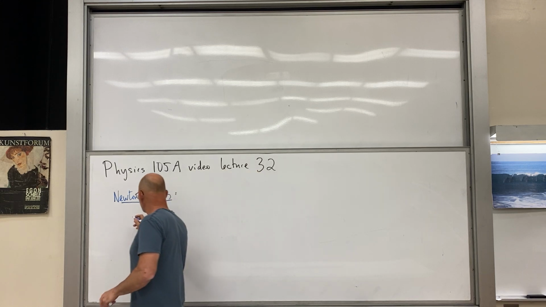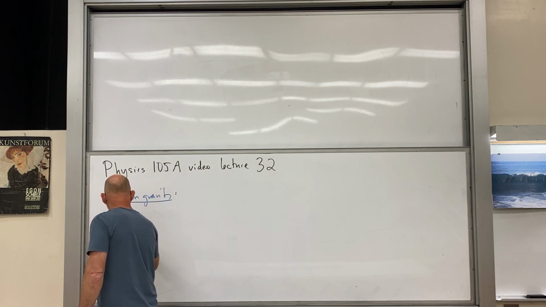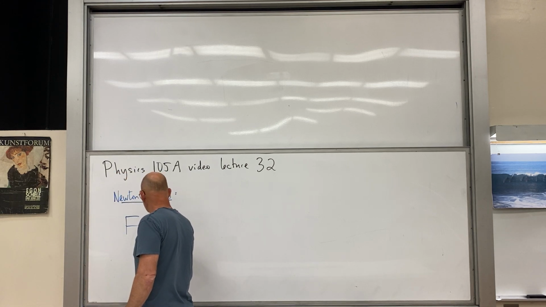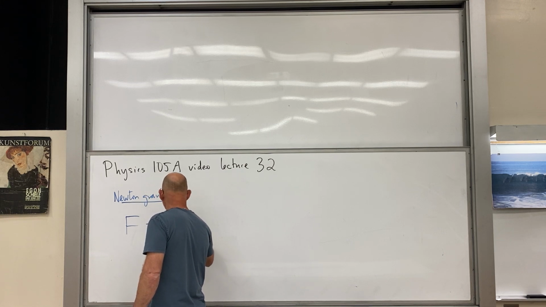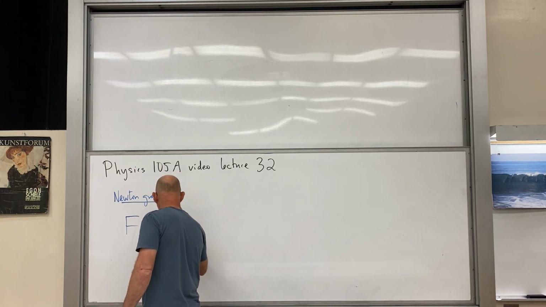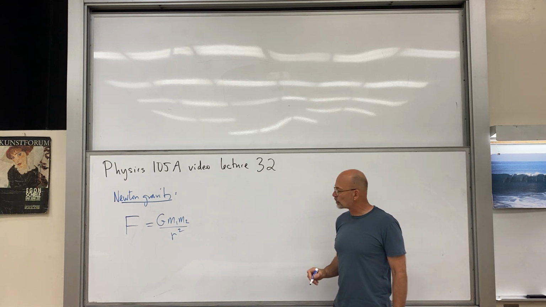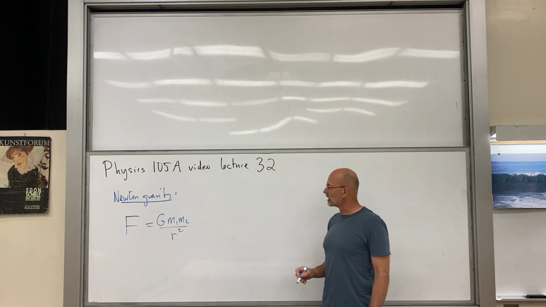So what we're left with is this idea. The force is a central force. It's proportional to the product of two masses divided by the separation distance squared. So that's the inverse square law.